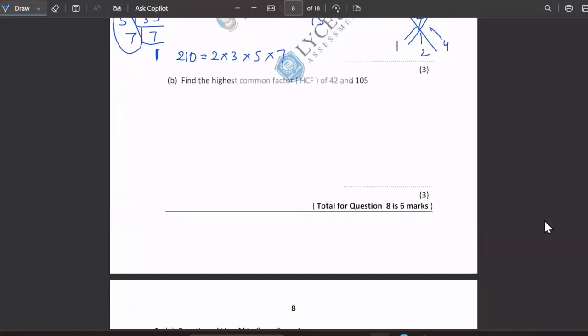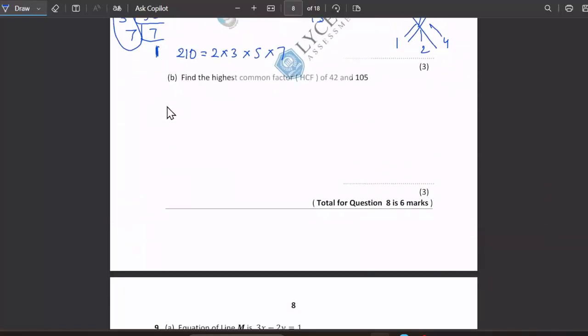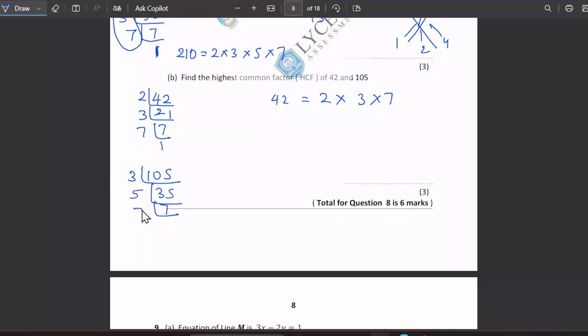Okay, now find the highest common factor, HCF, of 42 and 105. To do that, we have to find the prime factors of 42. Start from 2, 21, 3, 7. Okay, now we get 2, 3, 7. Again divide 105 by prime factors. Divide by 3, we get 35. 5, 7.